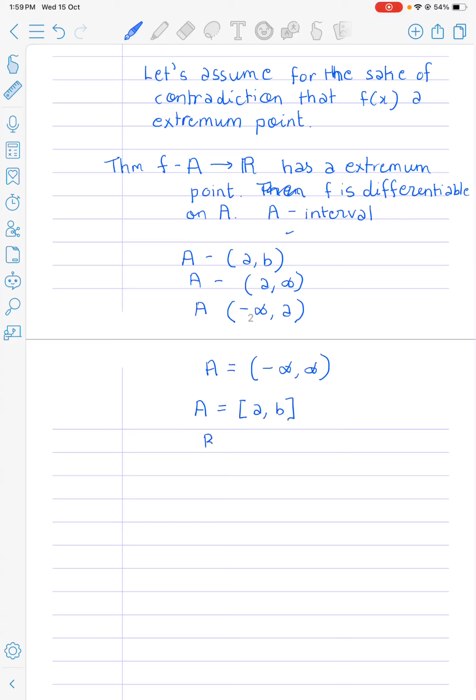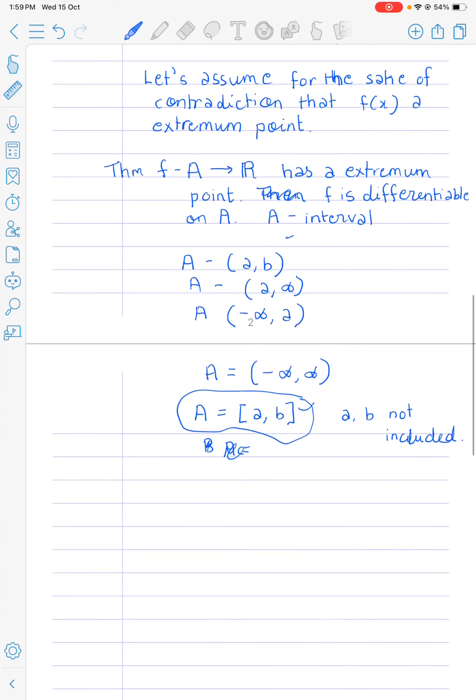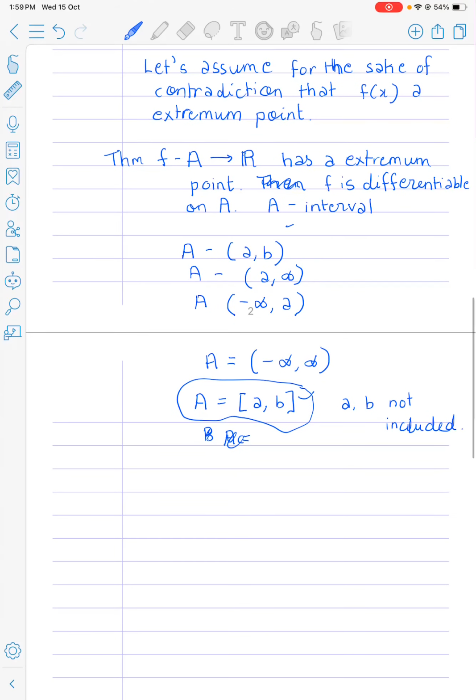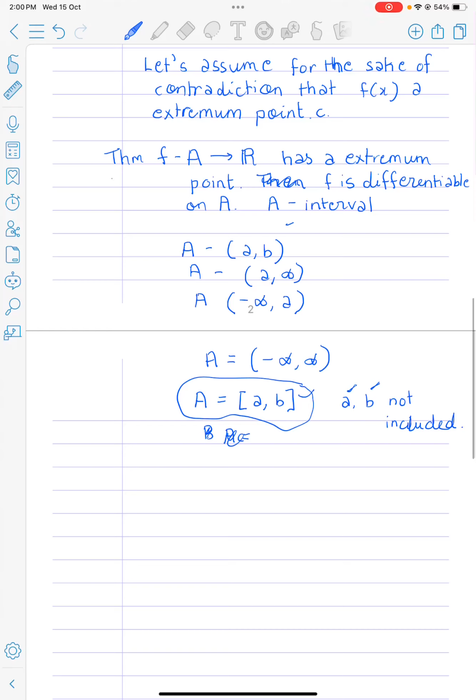If you want to take this type of thing, then you cannot apply it at the endpoints. The endpoints A and B must not be included. Then only you can apply the theorem. I will shortly give an example of why you have to exclude A and B. I didn't write the full theorem.